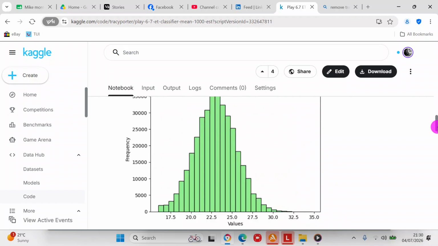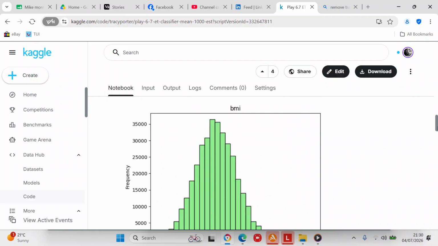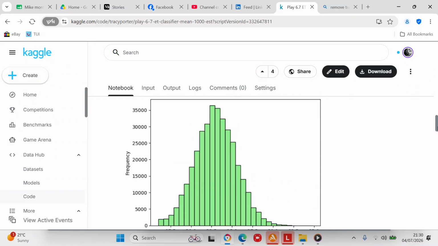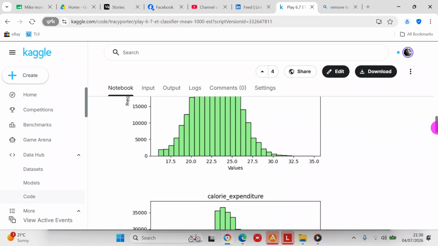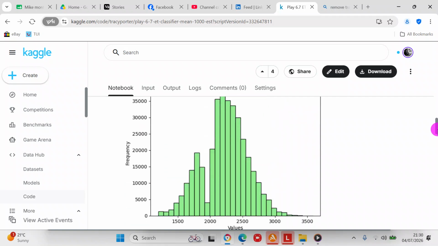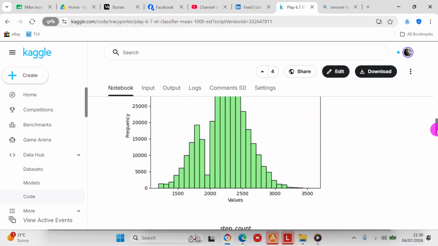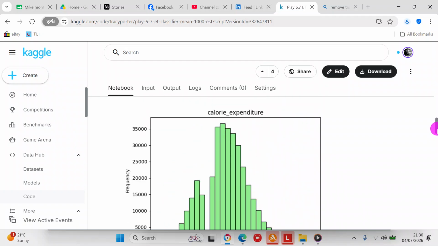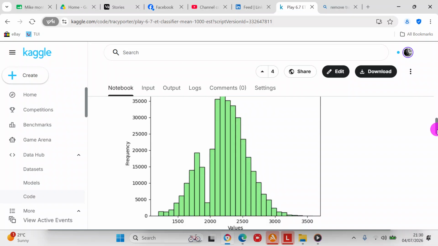The BMI, that's your body mass index, again looks like a normal distribution, and the mean BMI is 22.5. That doesn't look too bad. Calorie expenditure is sort of like a normal, but a few people were at 2,000 calories, but most people were between 2,000 and 2,500 calories.